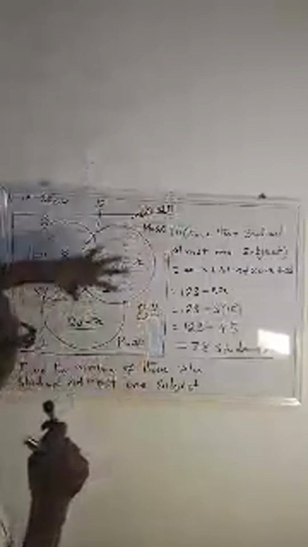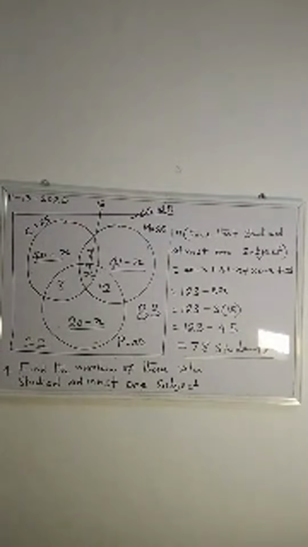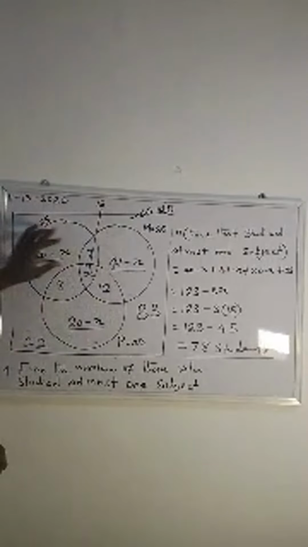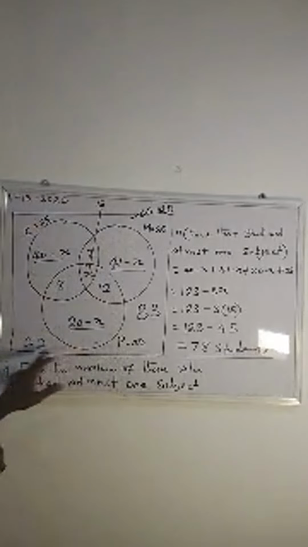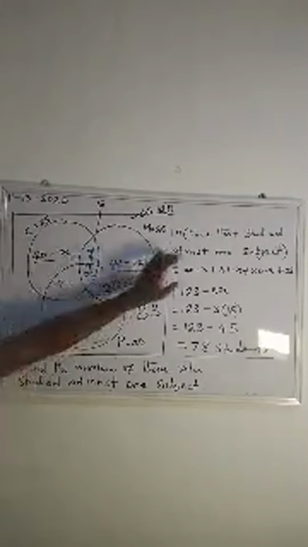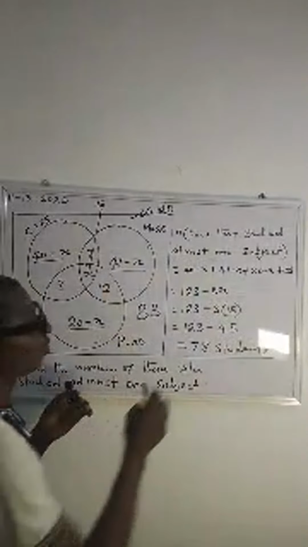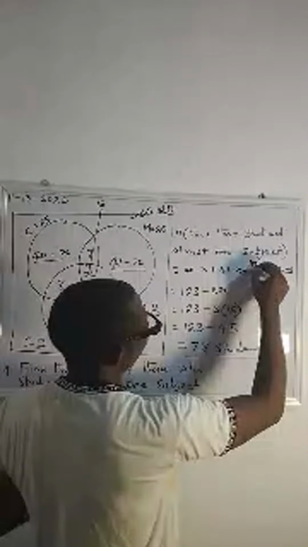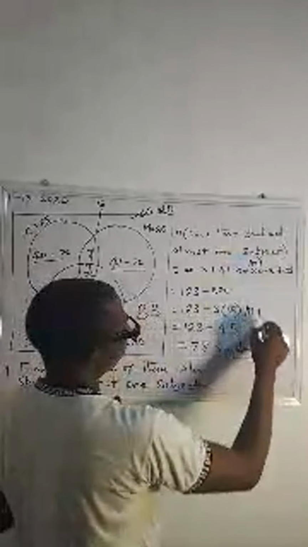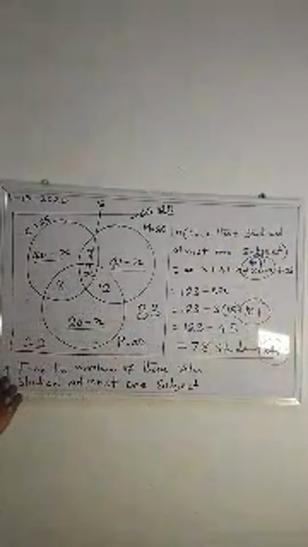So to get the number of those that study at most one subject, you add the number of those that study only one, this plus this plus this, and plus those that did not study any of the three subjects. When you add everything together, substitute in the value of x, and you have this. For writing this expression, we have M1, for substituting M1, and for getting this A1. So you have to mark all together.